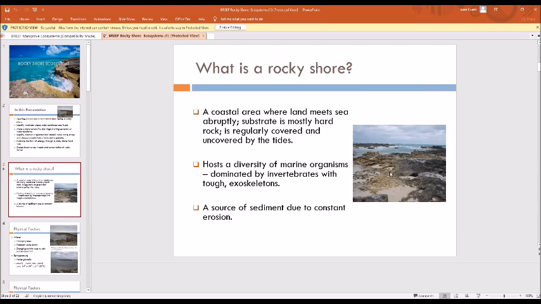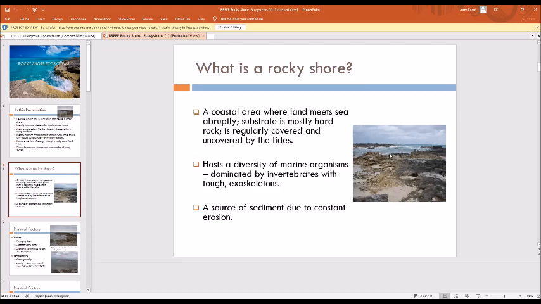Because you have so much wind, no sand can really accumulate in this area, and that basically exposes all of the bedrock and all of the limestone rocks that you can see right here in this picture. That's why you find so many rocks in this area, because there's so much exposure to wind.